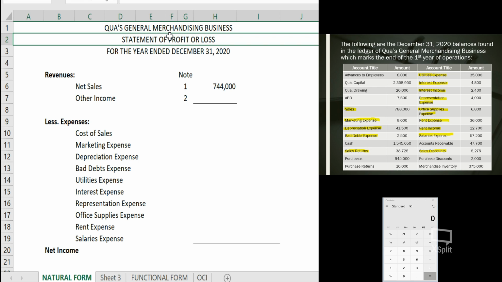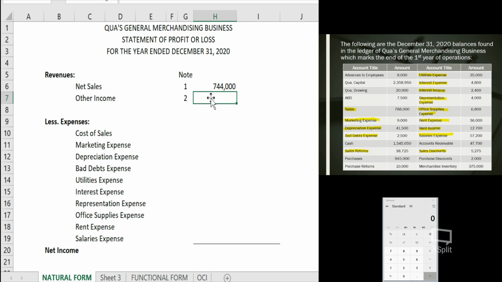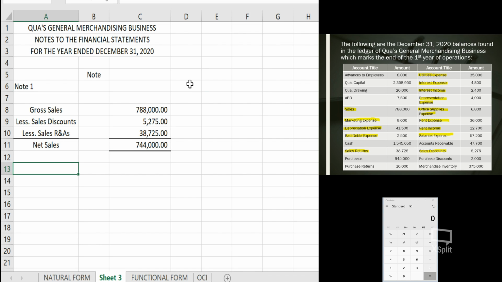Okay? Kaya ang gagawin natin dito sa other income, ito yung mga ibang income niya other than yung sales. So, kung titignan natin dito sa problem, other income would comprise of interest income as well as rent income. Siyempre, hindi naman yan buying and selling, di ba? So, other income siya. So, we're going to have to provide a solution for that. So, note number 2, we have interest income, we have rent income, and other income.